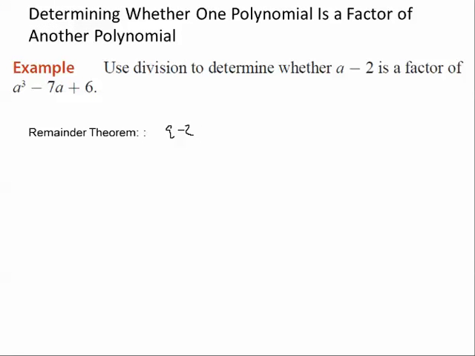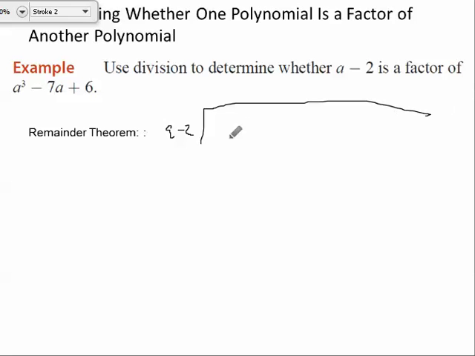Let's make certain you have all your terms. So a cubed plus 0a squared minus 7a plus 6. So I'm going to multiply this one times a squared to give me the a cubed minus 2a squared.